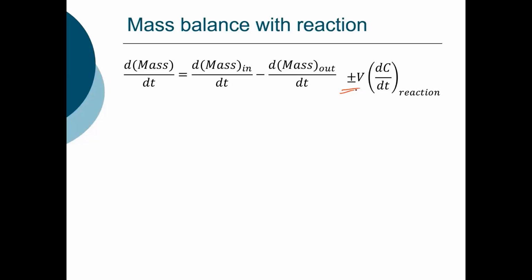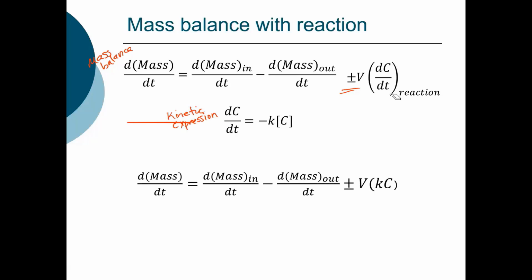If it is negative, then we have decay. So we can write this expression. So this is our rate expression here. So this is our mass balance. And this is our kinetic expression. We replace this term here with this expression here.